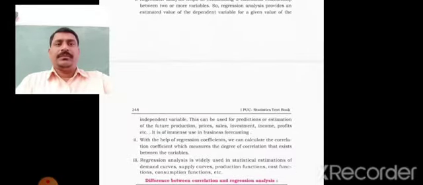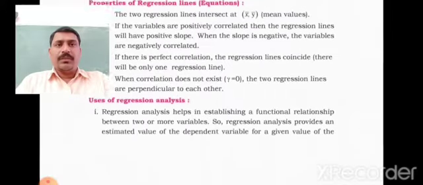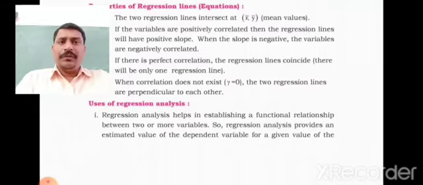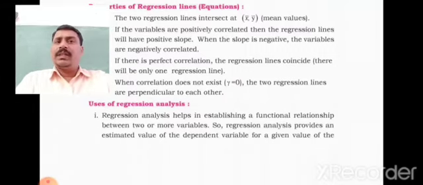Next, we have certain properties of regression lines. What we learned now was properties of regression coefficients. Now, properties of the regression line. The first one: the two regression lines intersect at x bar and y bar.